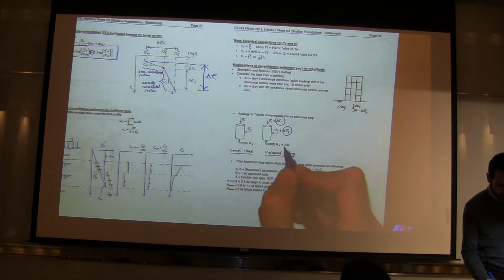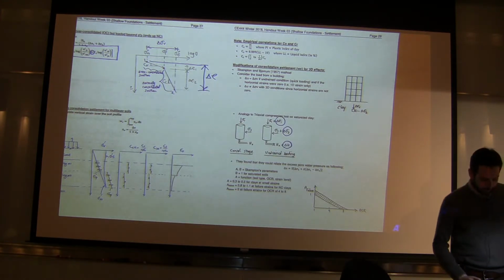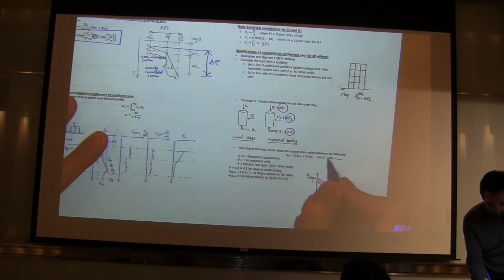And your delta U increases by this amount. Skempton came up with this equation. This is Skempton's equation.